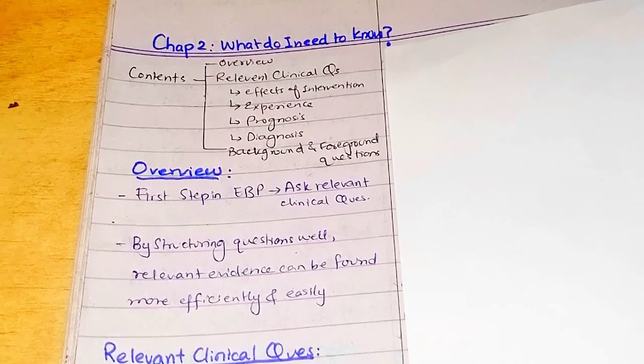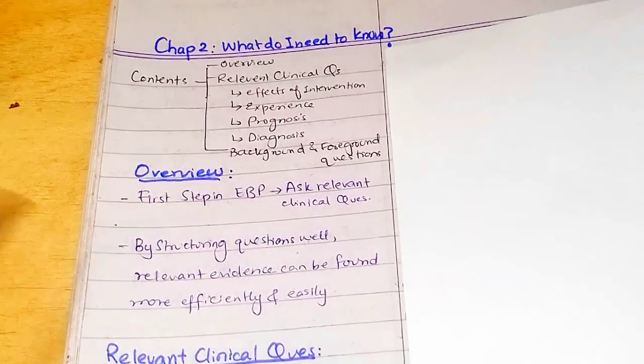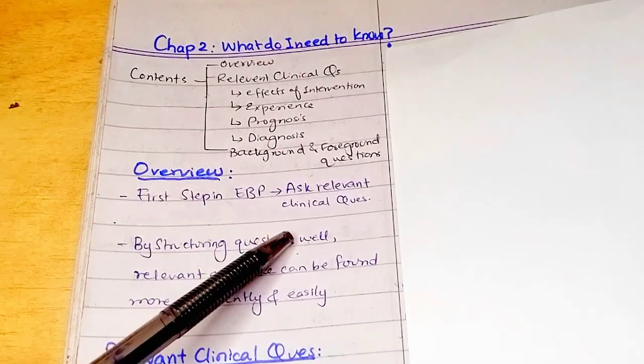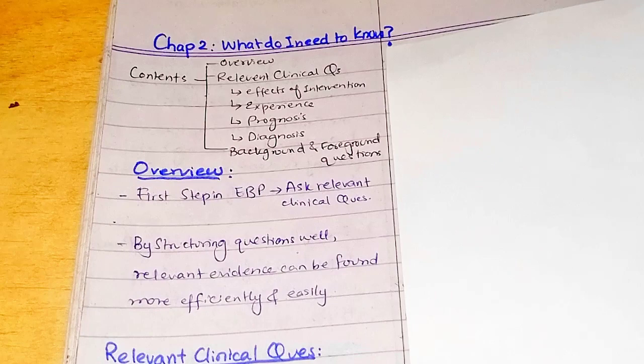Now let's begin with the overview. The first step in evidence-based practice is to ask the relevant clinical questions. When you ask relevant clinical questions, this helps you reach an accurate diagnosis, and later you can treat the patient most effectively. This all depends on how relevant your question is to the clinical condition of the patient.